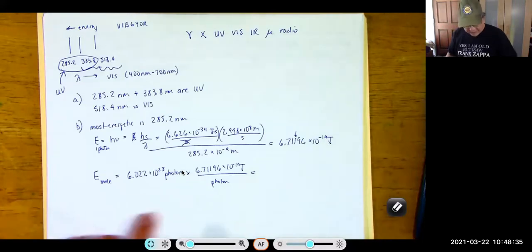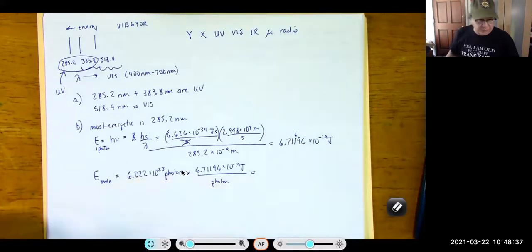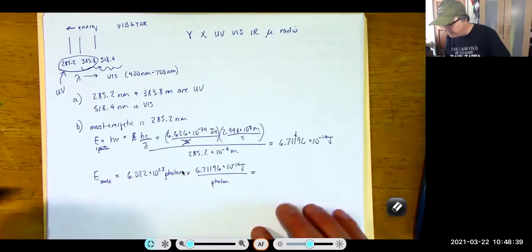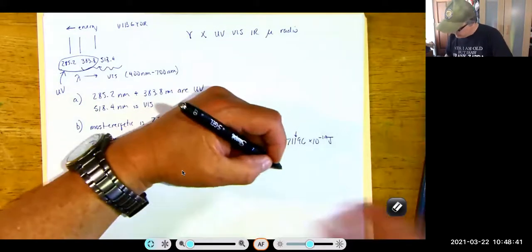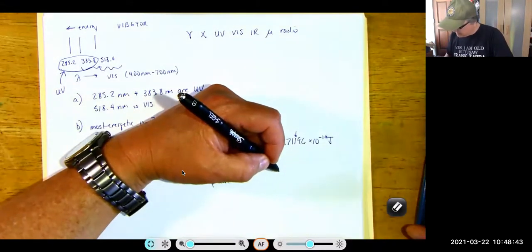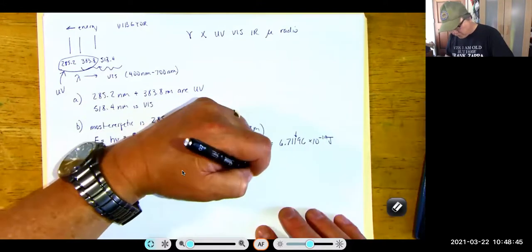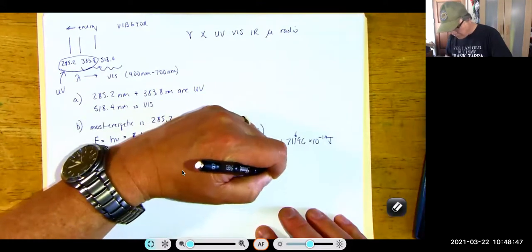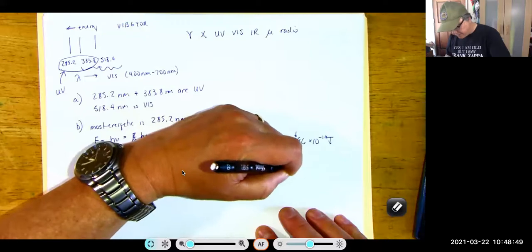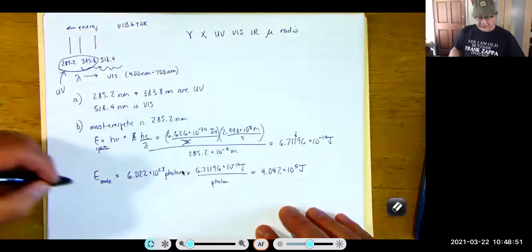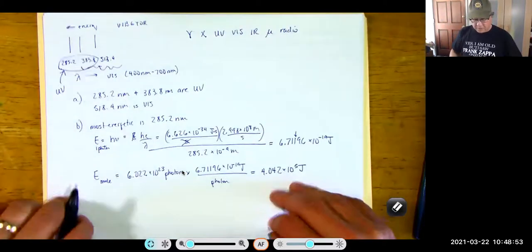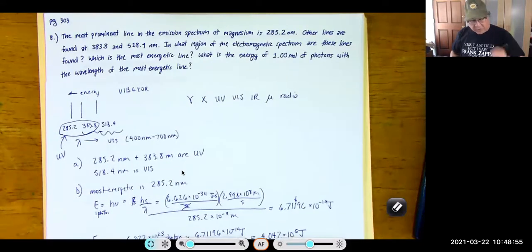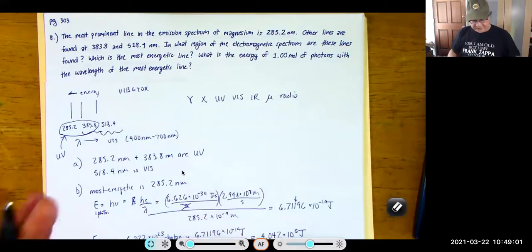You can see that we're going to get something like 10 to the 4, or maybe 10 to the 5. And we get 4.042 times 10 to the 5 joules. So that's the energy of 1 mole of photons with the wavelength of the most energetic light. So something to remember: short wavelength, high energy.